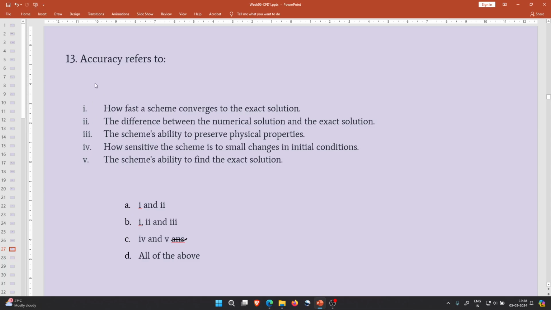So the term accuracy, by its simple meaning itself, we can think that accuracy means exactness, or the accurate solution the scheme can find out.